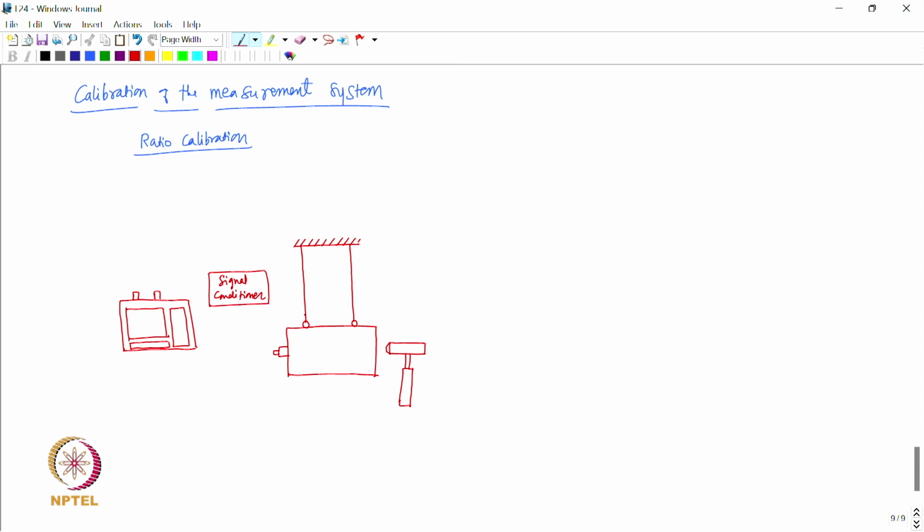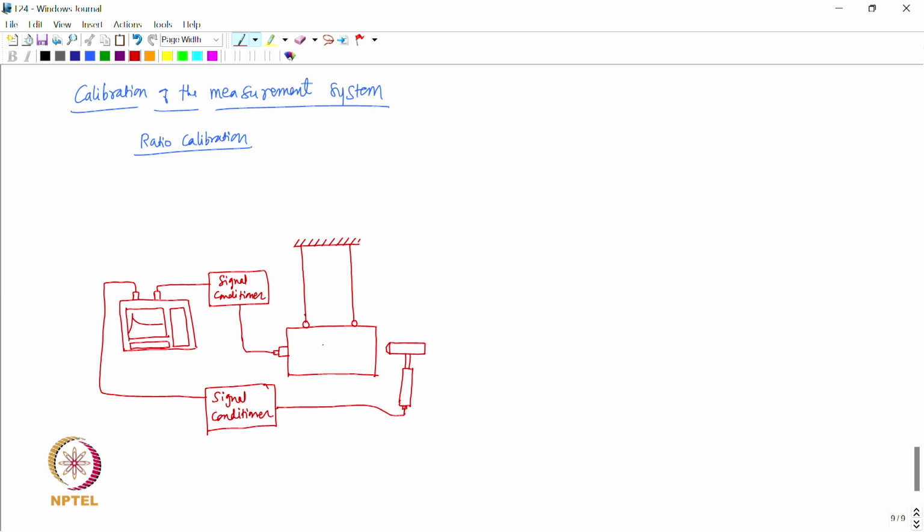So the accelerometer signal first goes to the signal conditioner, and then it goes to one of the channels, and similarly we have the signal conditioner, and then we have the hammer signal also going into the FFT analyzer, and then this gives us the frequency response function like this.